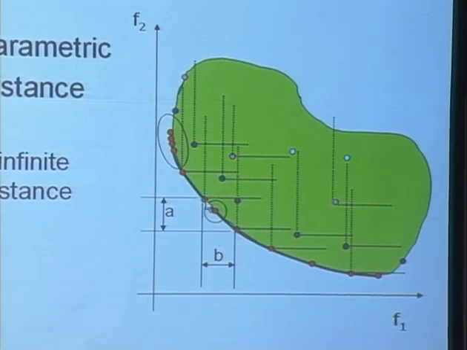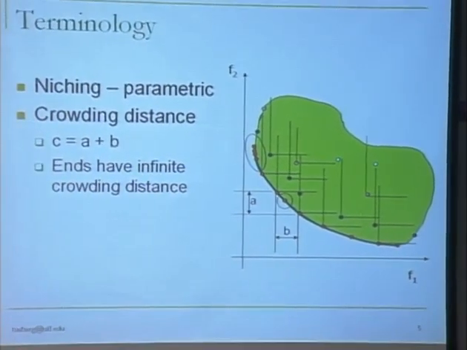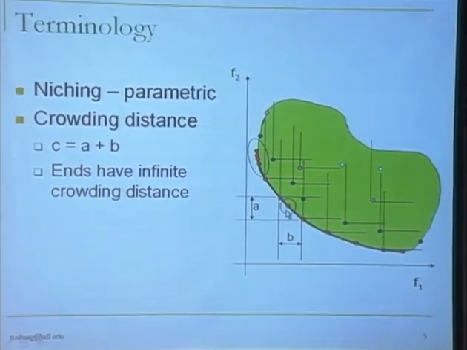I find the linear distance between its neighbors, that is this point and this point, that is A, and on the other side the distance is B. That means I do a linear computation of differences between objectives for each objective dimension, and then I sum the distances. That will be its crowding distance. That is, the crowding distance of this particular solution is C, that is A plus B.